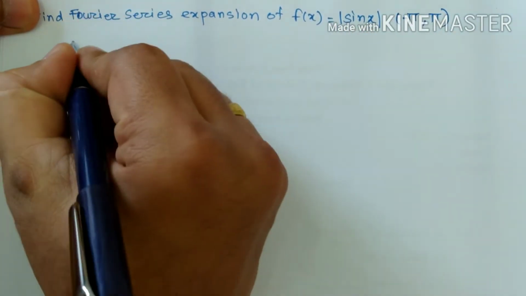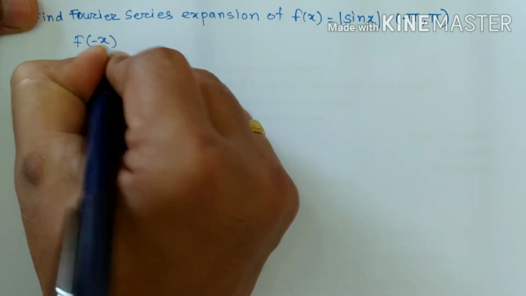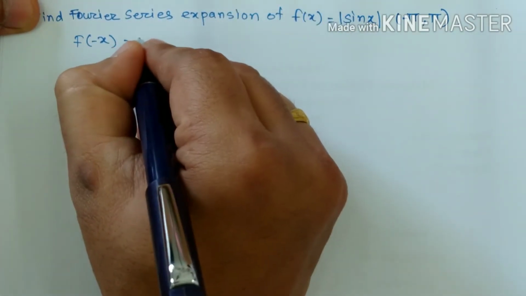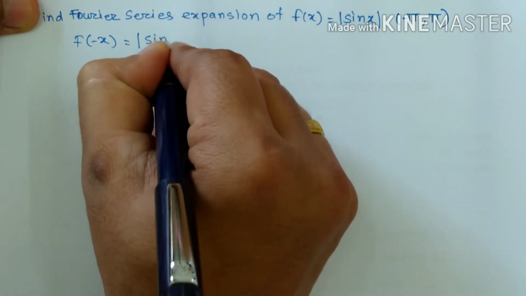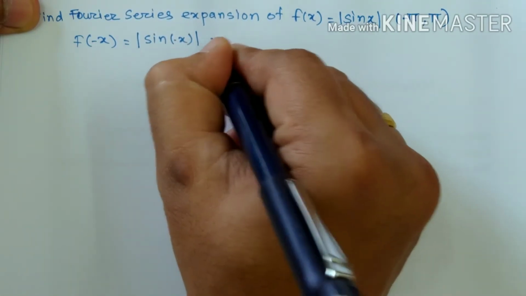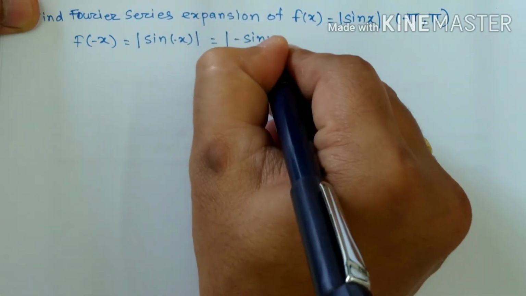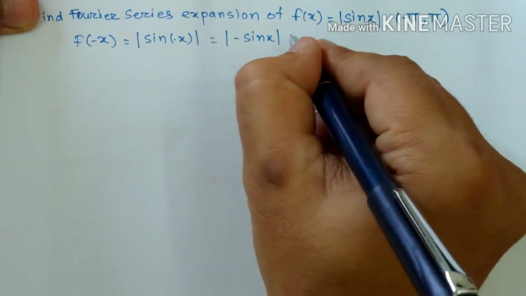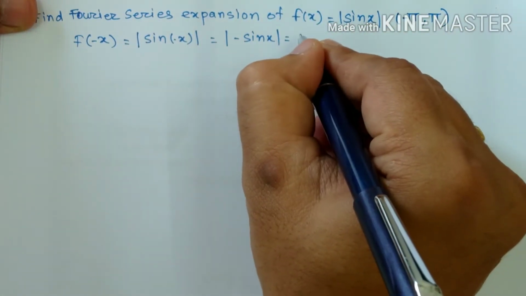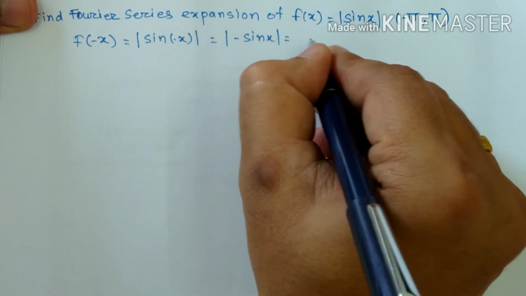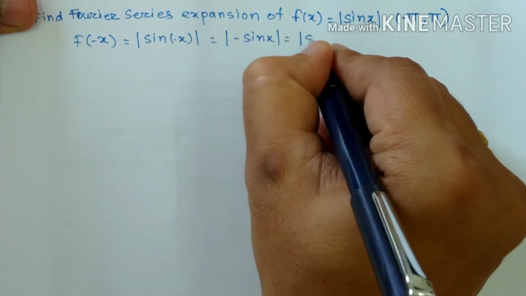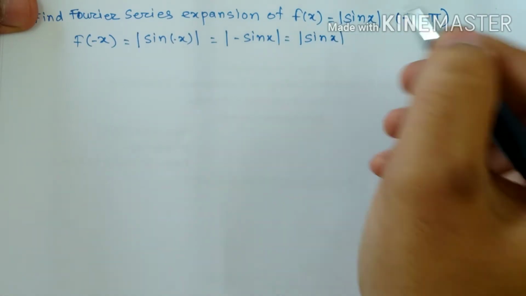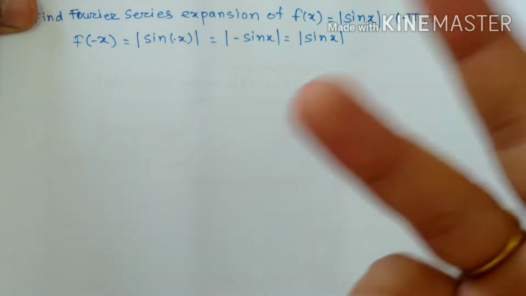Now we have to check whether this function is even or odd. So we replace x by minus x, hence mod of sine of minus x, that is modulus of minus sin x. I have already told modulus of any negative is always positive. So the value is sin x, which is the same as mod of sin x, because modulus of a positive quantity is always positive.